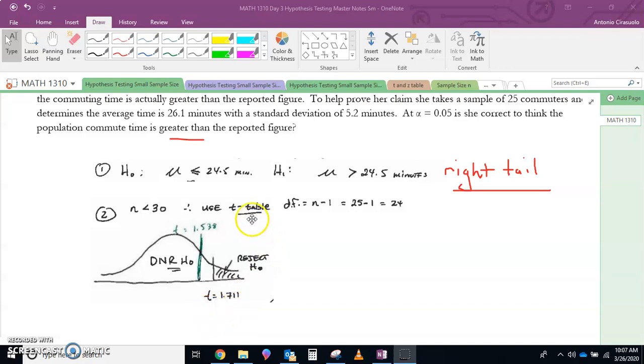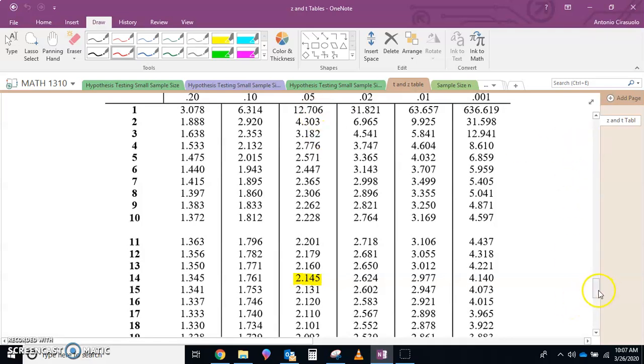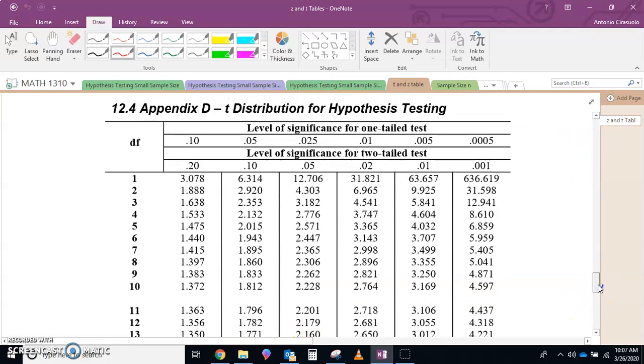What we're going to do is use the t-table with degrees of freedom 24, and since it's one tail where the alpha given in the question was 0.05, the tail is 0.05. When we look at our t-table, this is how it works. The t-distribution for hypothesis testing is appendix 12.4, and we first ask, is it one tail or two tail?